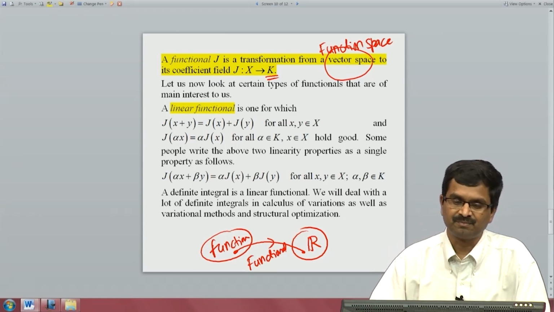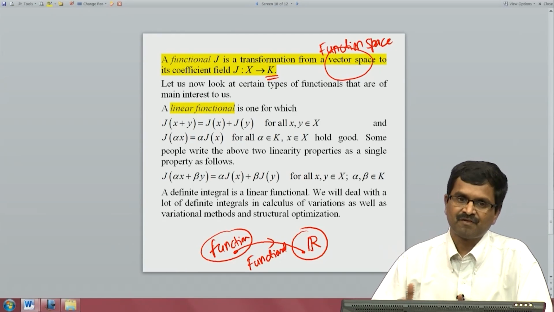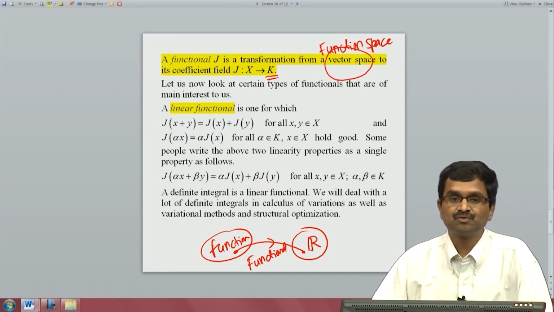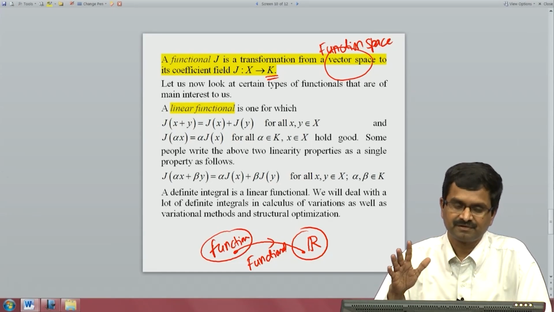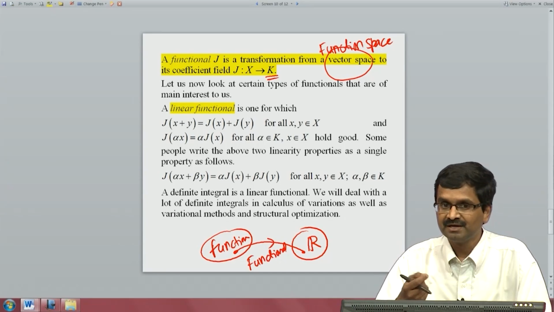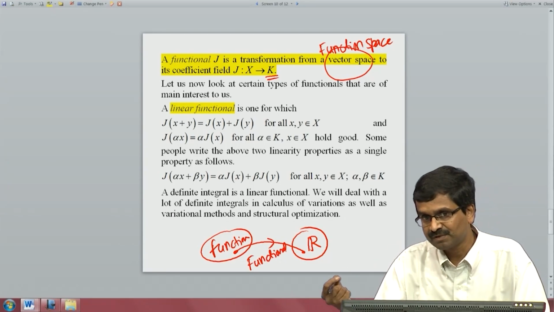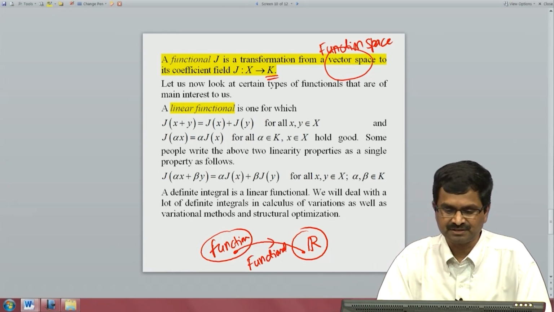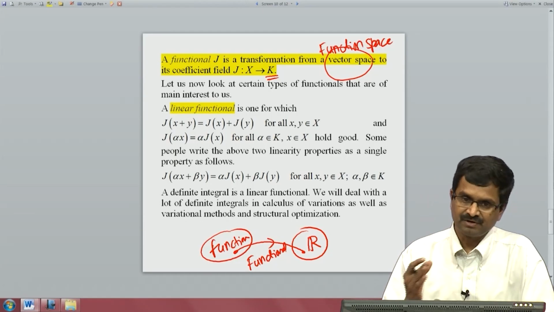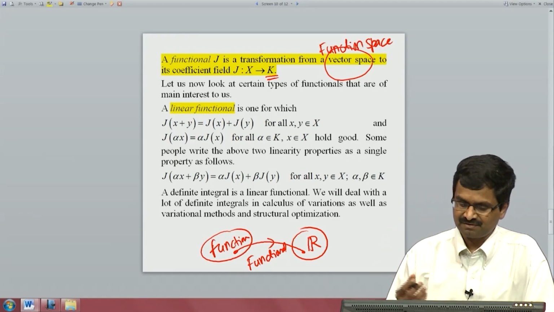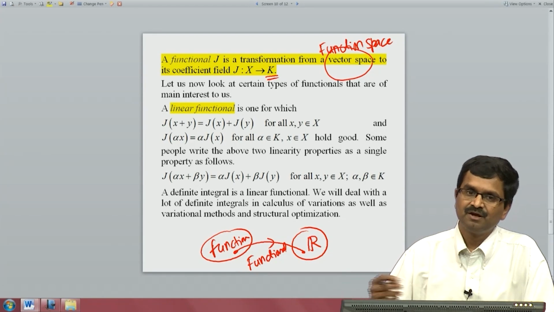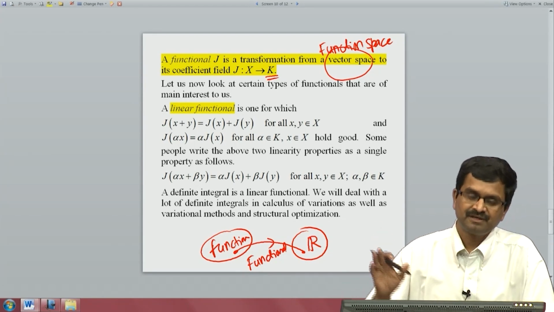That will be incorrect, because if f of x is a function, f squared, which is a function of a function, is not a functional. A functional should take a function to a real number space. That is what a functional is. Once we talk about a functional, we can talk about linear and nonlinear functionals, just as once we understand functions, we can talk about linear and nonlinear functions.